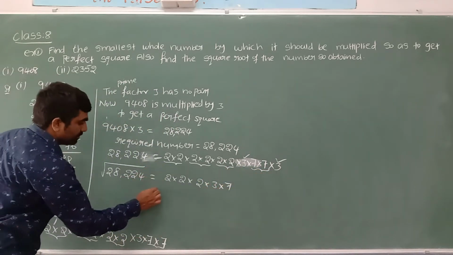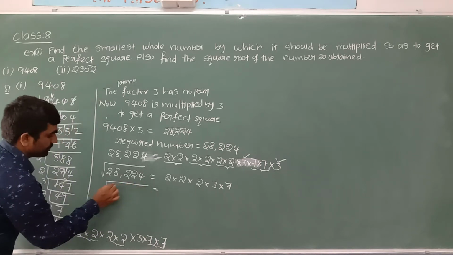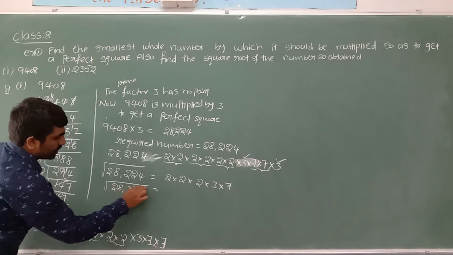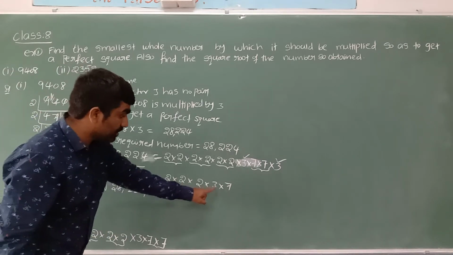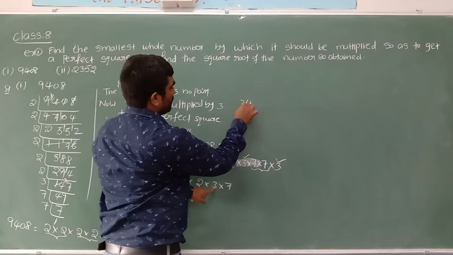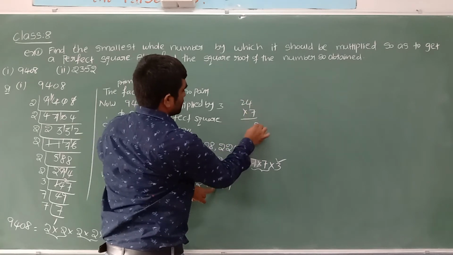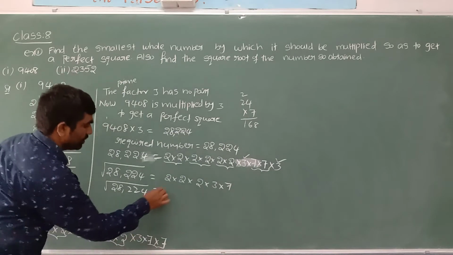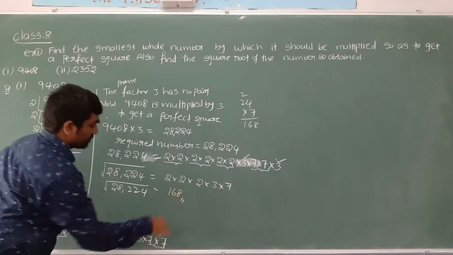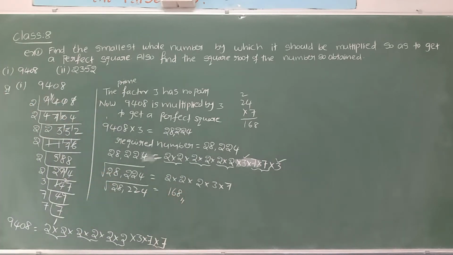Product of all this gives the square root of 28,224. Multiplying: 2 times 2 is 4, 4 times 2 is 8, 8 times 3 is 24, 24 times 7 is 168. So 168 is the square root of 28,224. Hope you understood.